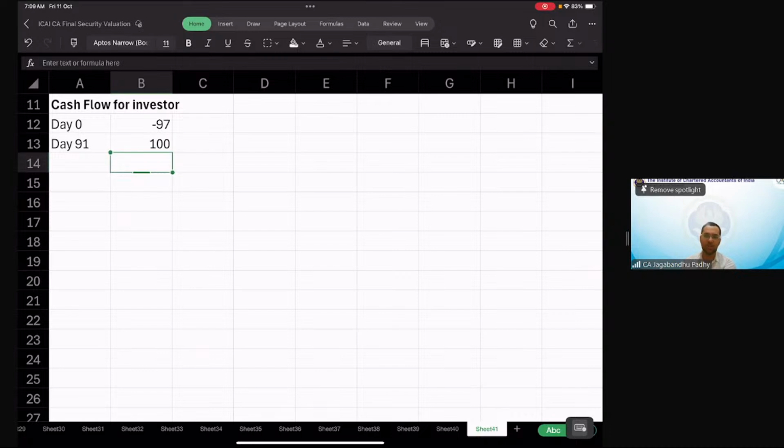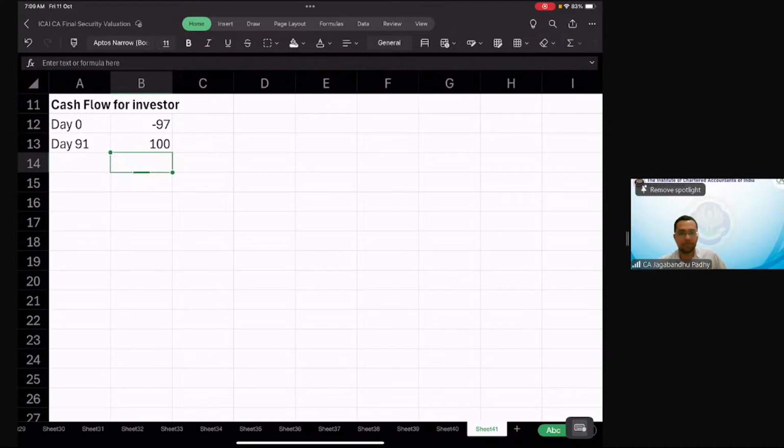That's a simple instrument. There is nothing called a coupon in treasury bills. Now, if I as an investor got this for 97 and I'm going to redeem it at 100 rupees on day 91, can you calculate the rate of return that we are earning?